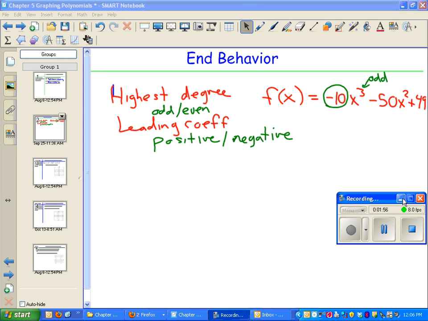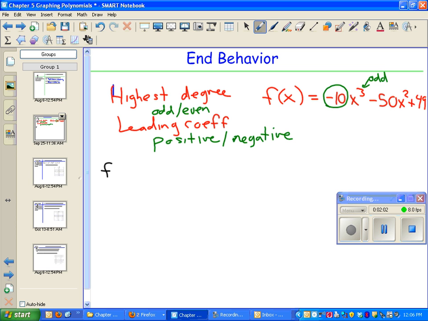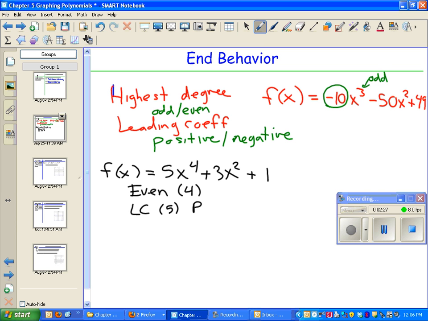So if we had, we'll do even. So even follows parabolas. So if we had f of x equals 5x to the 4th plus 3x squared plus 1. Again, we're just sketching the end behavior. We'll actually find our zeros for different examples. But we know that this is even, since the 4 is even, and we've got our leading coefficient of 5, which means that's positive.